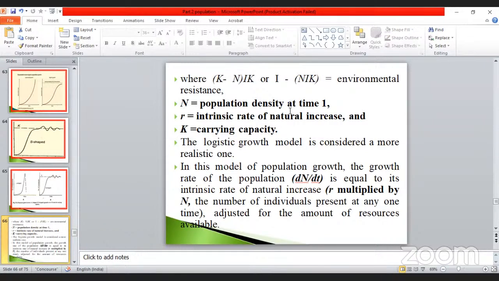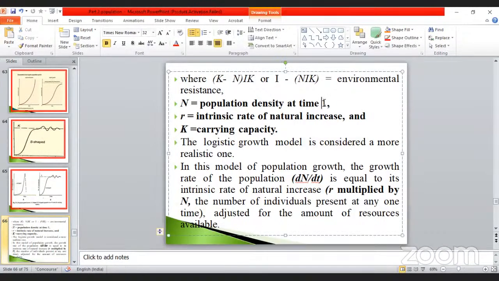N is the population density at time t, so you have to mention time t here. R is the intrinsic rate of natural increase and K is the carrying capacity. From this equation, we can plot the curve and also calculate the population density.